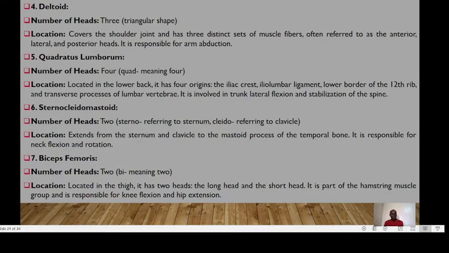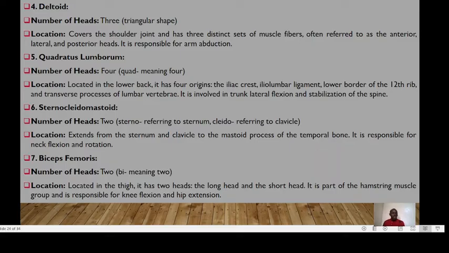The deltoid has three heads, guys. It covers the shoulder joint and has three distinct sets of muscle fibers, often referred to as the anterior, lateral, and posterior heads. It's responsible for arm abduction. The muscle responsible for arm abduction is the deltoid.